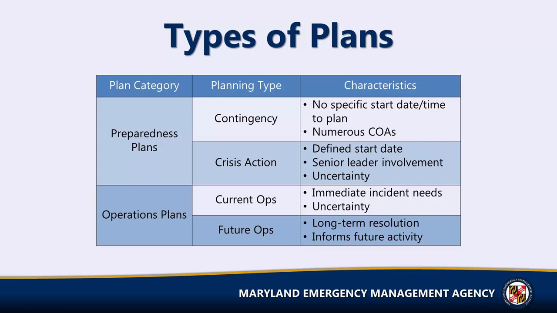Planning occurring during an incident is referred to as operational planning. Planning for current operations might include developing an incident action plan, whereas planning for future operations involves examining the tasks and operations needed several operational periods in the future.